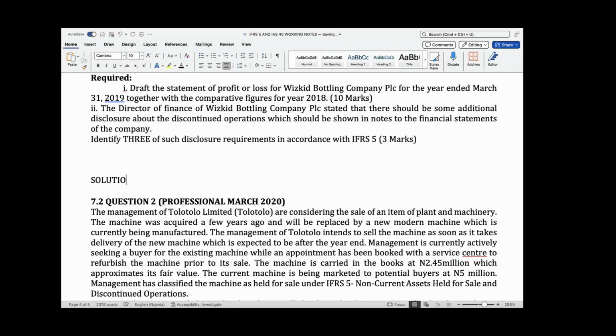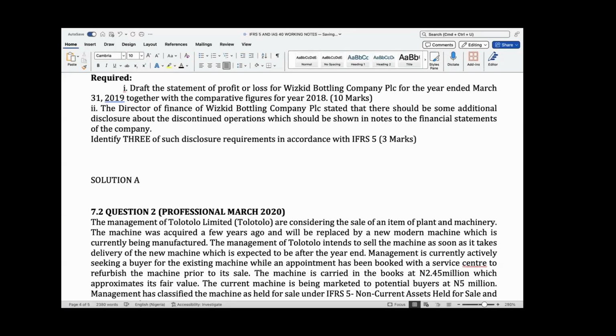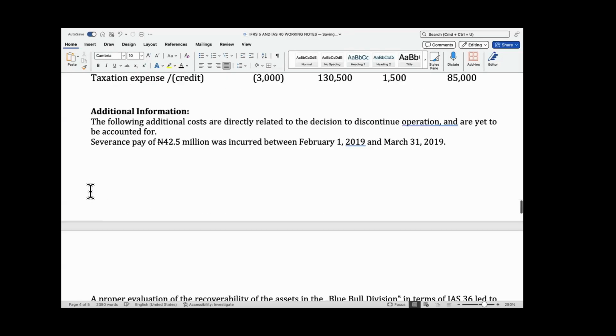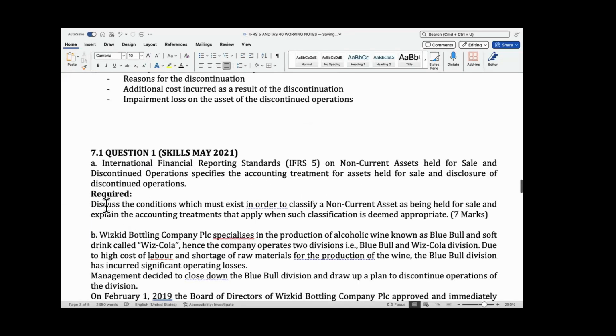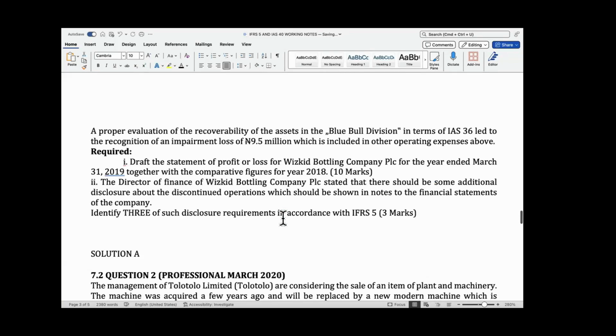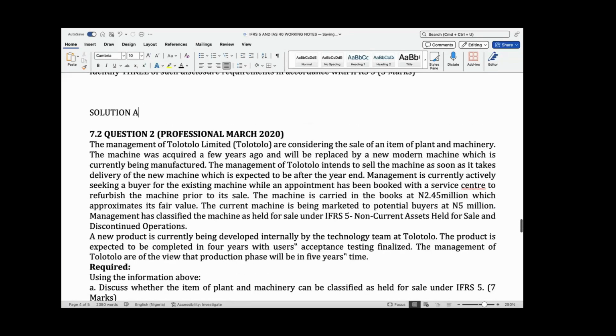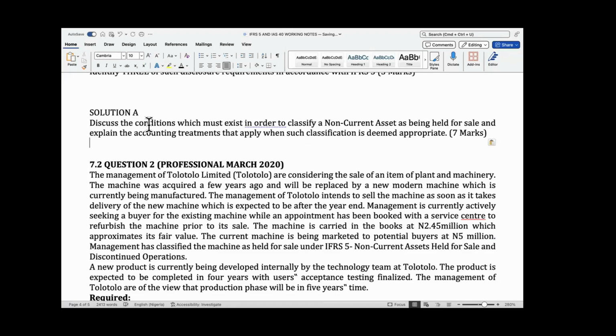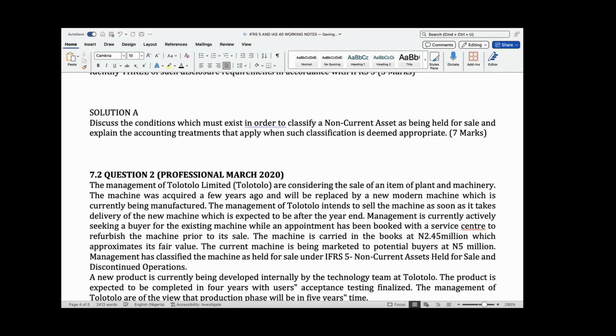So, solution A. The question says discuss the condition which must exist.